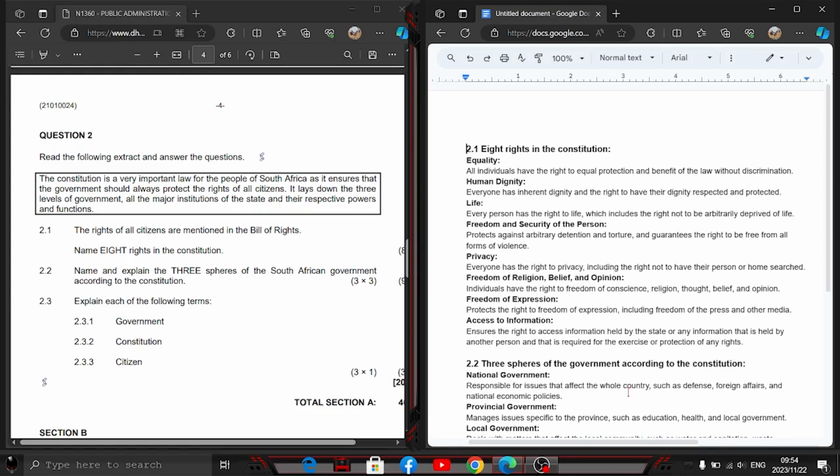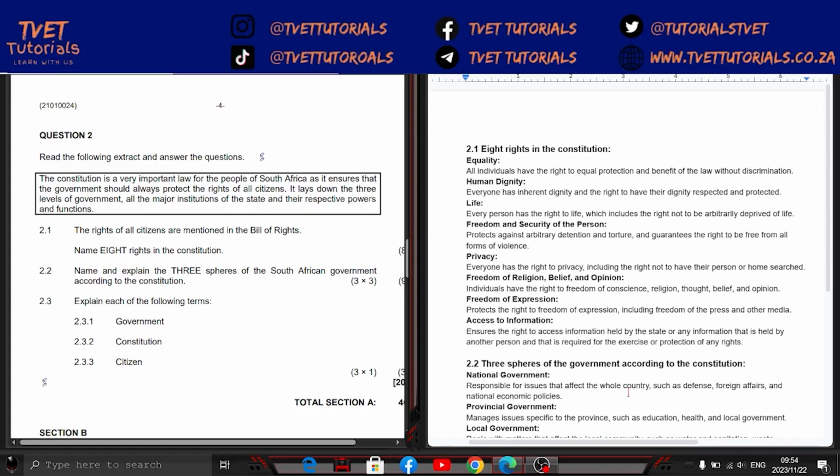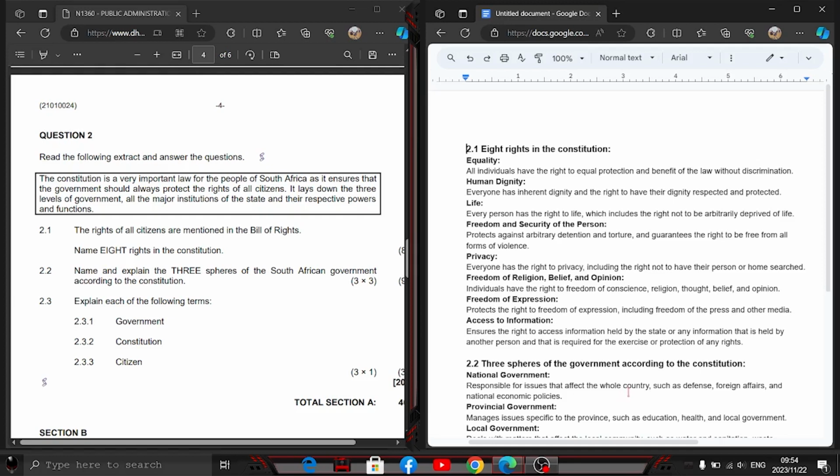If maybe I committed a crime, for example, and your punishment is to strip me of my clothes and put me in public, that would be violating my human dignity right. You understand?